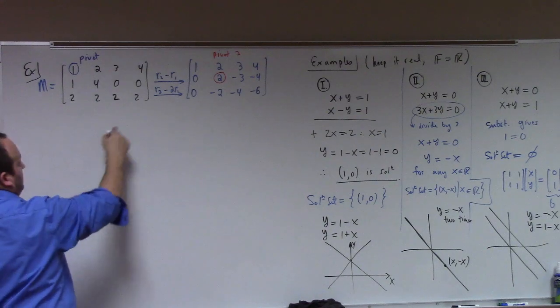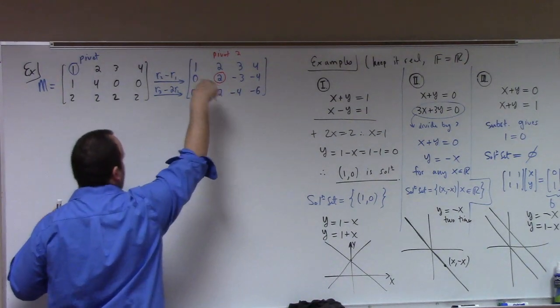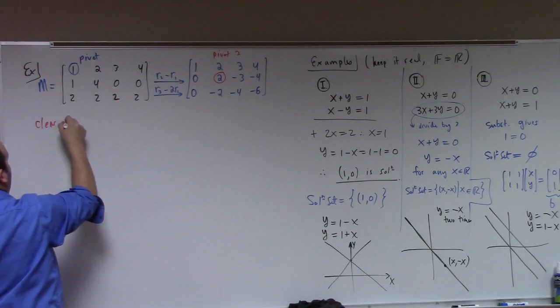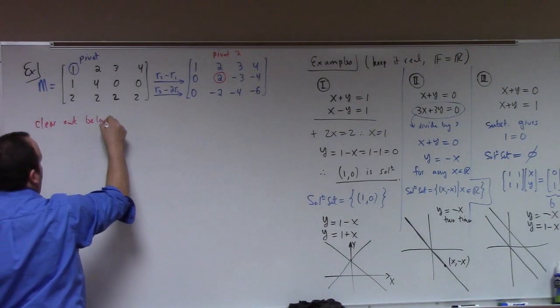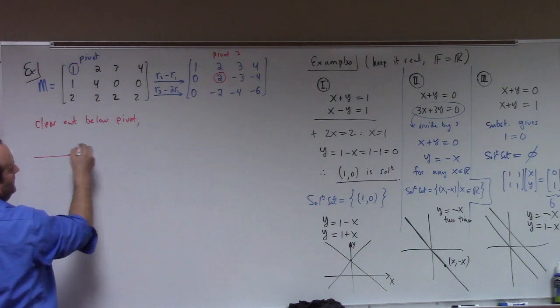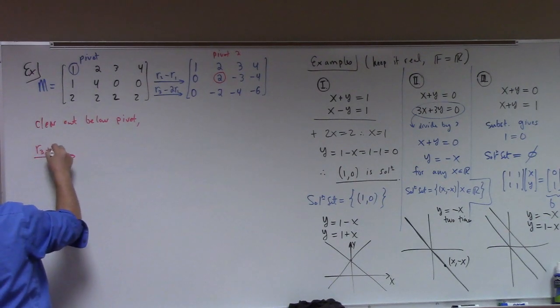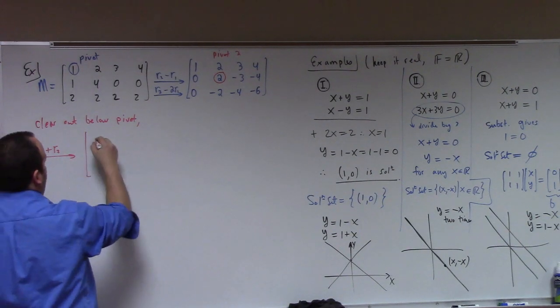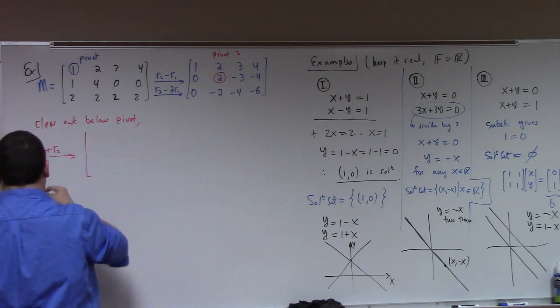Then the standard row reduction says clear out below the pivot. So what I'm going to do is row 3 plus row 2. So what do I got? I got myself a 1, 2, 3, 4.